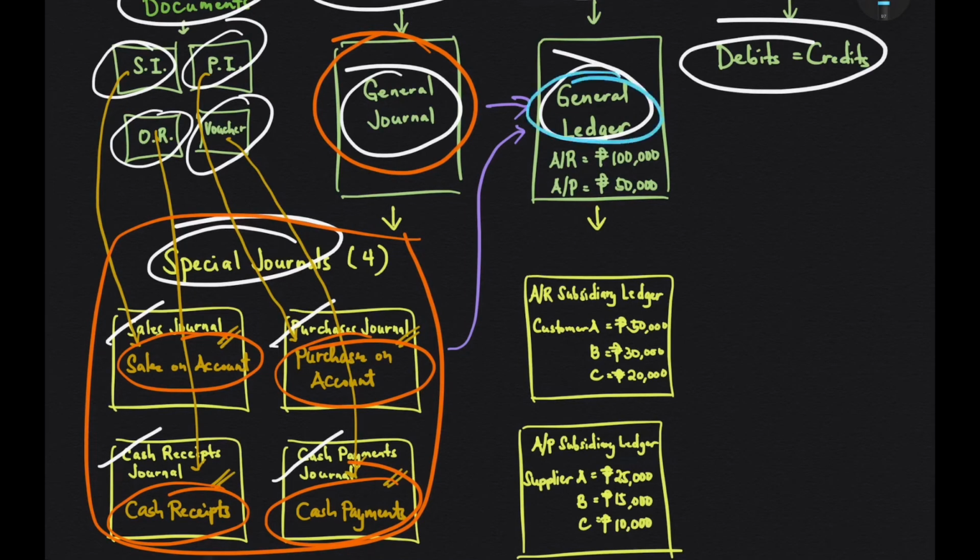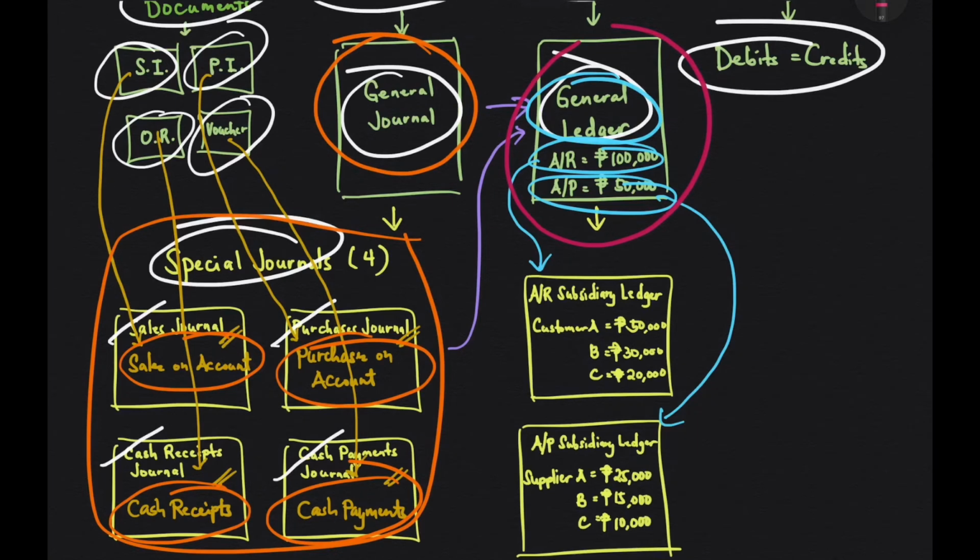In the general ledger of merchandising businesses, 2 account titles, accounts receivable and accounts payable, are set as control accounts, meaning they are elaborated or explained in detail in what we call the subsidiary ledgers. The general ledger will only give you the balance of your accounts receivable and accounts payable.